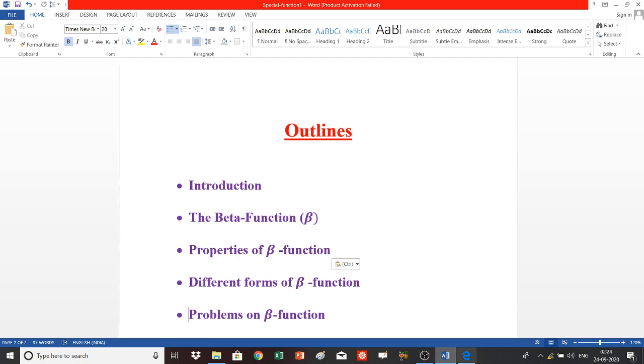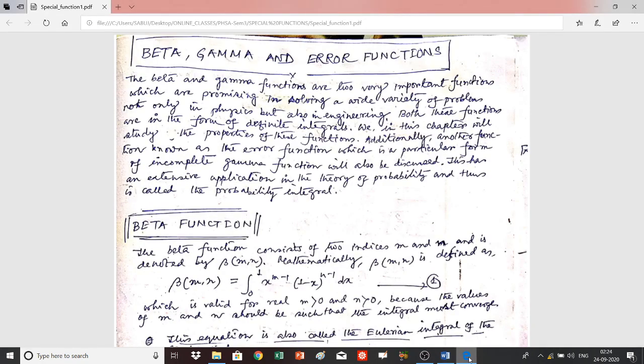So first, let us start with the introduction section. Beta and gamma functions are very important, and these two functions are usually used in solving different kinds of problems involving physics, engineering, or mathematics. We will see after some lectures that beta and gamma functions are very important to find the value of some integrals.